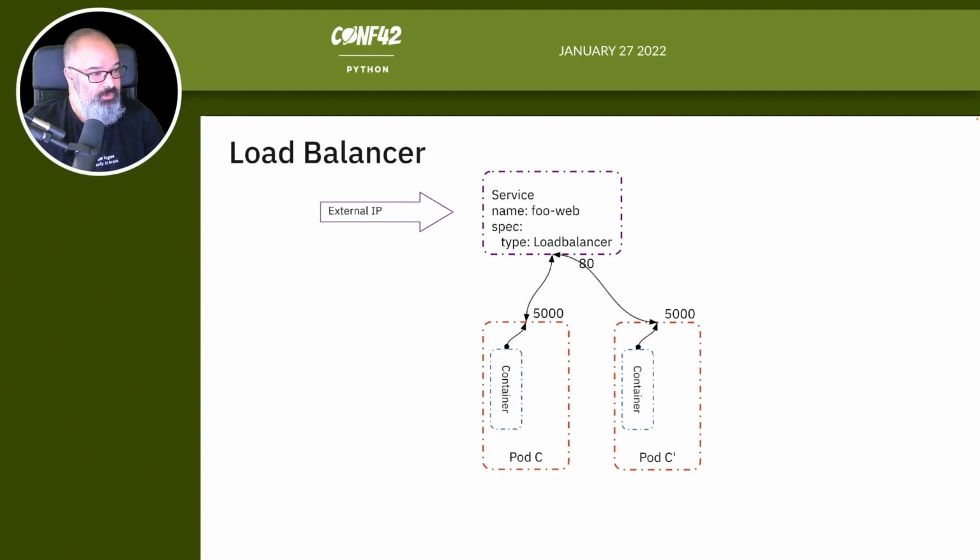It takes input from an external IP and level sets around the pods that are required. You can have a whole talk just on load balancing alone. If you're a networking nerd like I used to be, you can go down that rabbit hole for a very long time. There are all these knobs and dials you can flip around to play with. I would strongly suggest doing your own homework to see how it fits for your application.